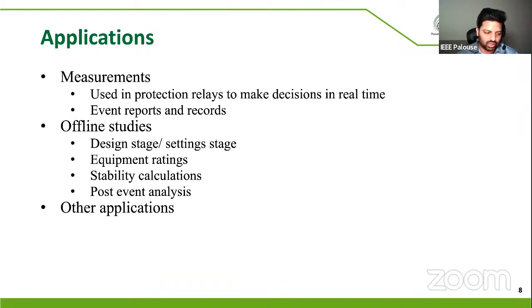When you have a protection event, you will always want to know why it happened so that you can rectify it and make sure it never happens again in the power system. So these symmetrical components help us understand what happened during an event and help us to solve it.